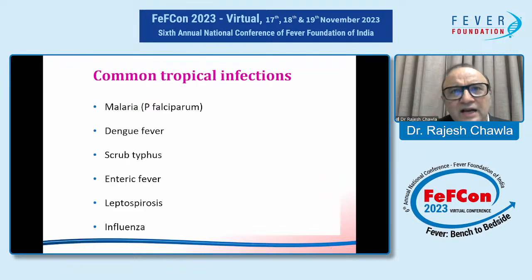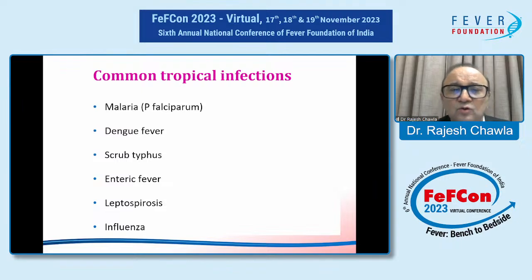One thing I feel is common in this part of the world is tropical infection. Every year, in some seasons you have dengue, in some seasons malaria, and you get enteric fever in the summers.